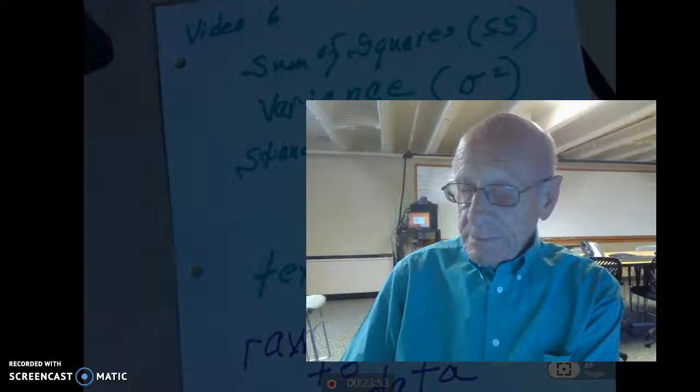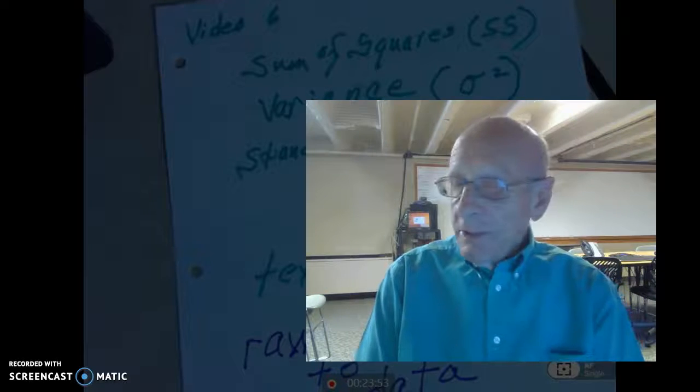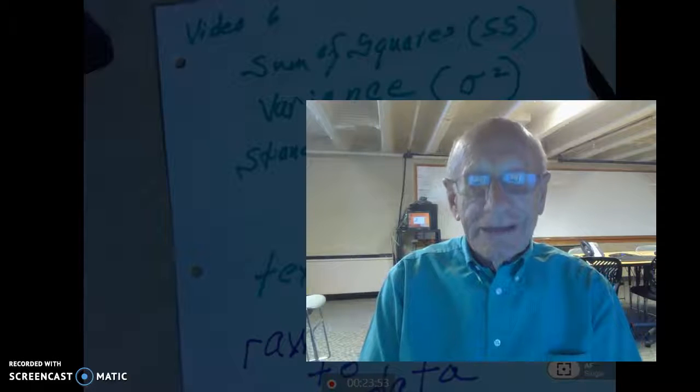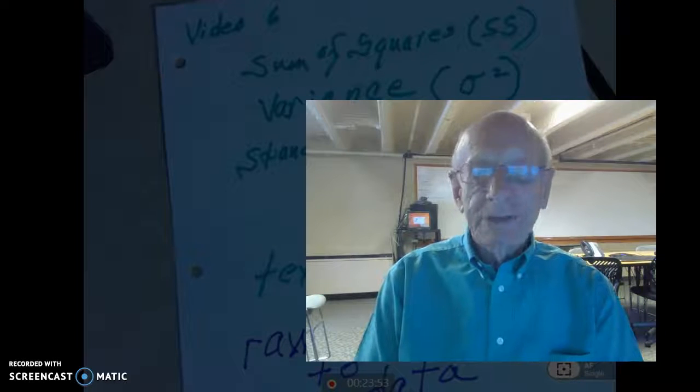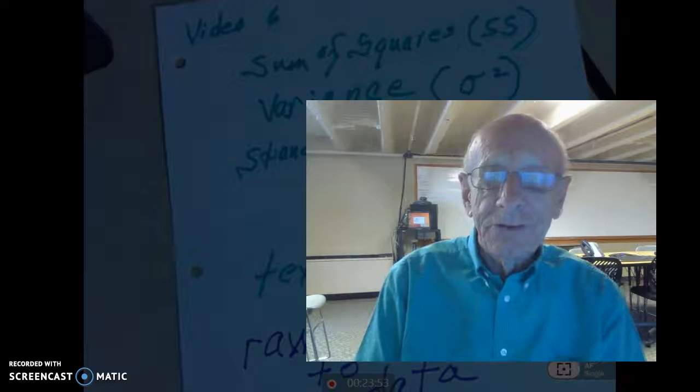Today, what we're going to be doing is we're going to take raw data and we're going to start cooking the data. Now, this will continue on through Z and T and probability and so forth.